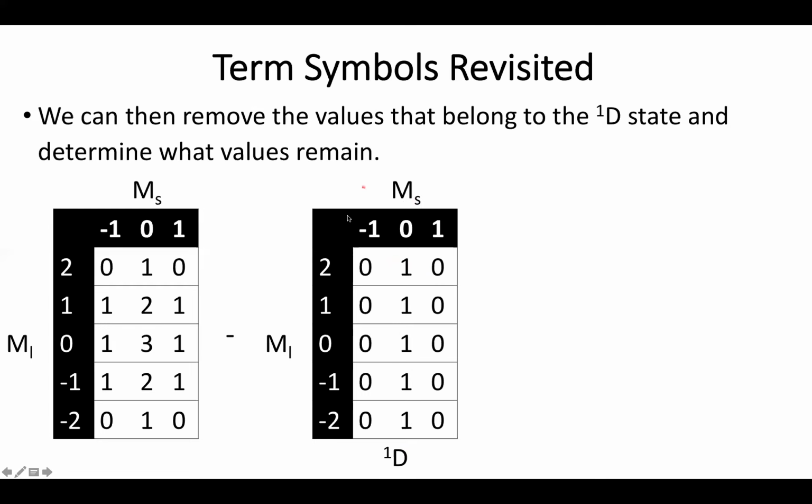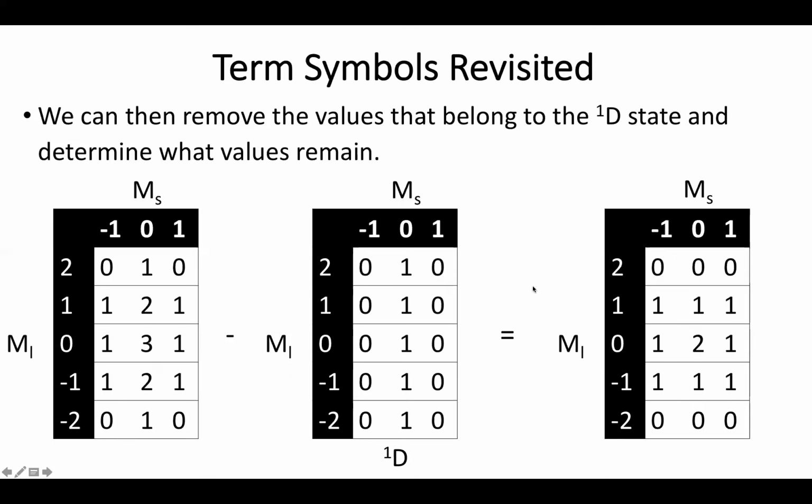So this will be my square diagram for the singlet D state. So I can go ahead and take my initial starting square diagram that I figured out, subtract out my singlet D, and what I get left is a much smaller diagram.